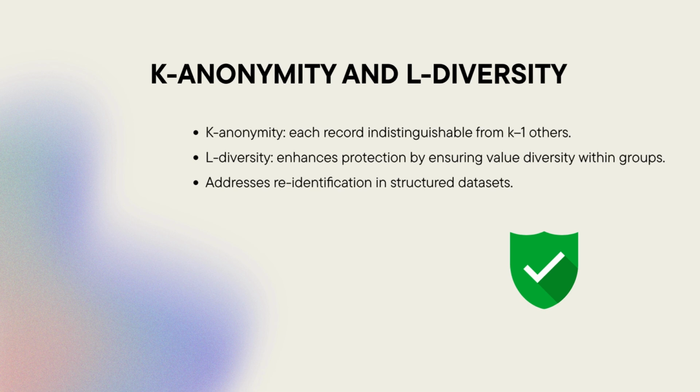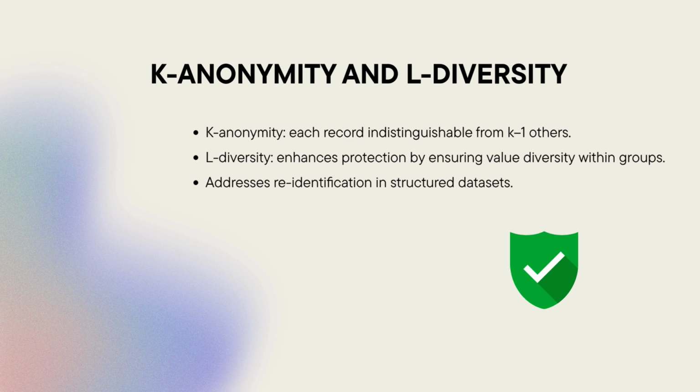K-Anonymity and L-diversity. K-Anonymity ensures that each individual in a dataset shares attributes with at least K-1 others, making it difficult to link any record to a person. However, if all K individuals share the same sensitive trait, like diagnosis or salary, it still risks exposure. That's where L-diversity comes in.